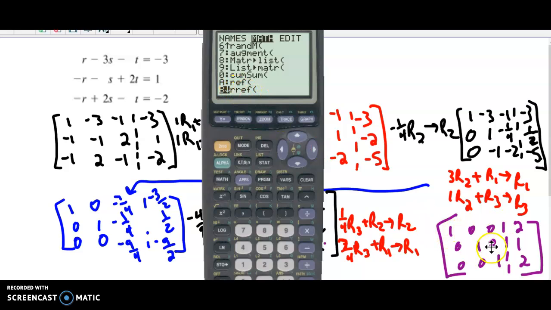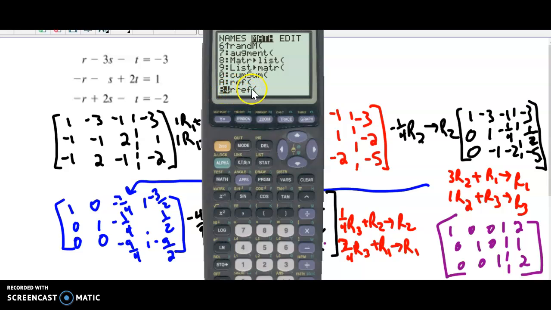This means the rows have been reduced to a form where I have a diagonal of ones. Therefore, my solution is right here: X is 2, Y is 1, Z is 2, or whatever the letters happen to be. So you have to go the whole way down to this letter B. It was 1, 2, 3, 4, 5, 6, 7, 8, 9, 10, A, B.